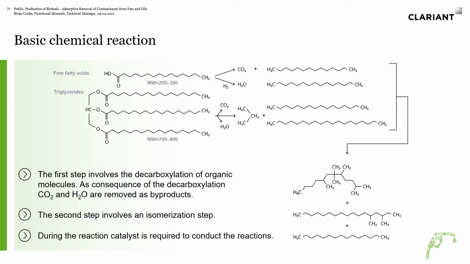During the reaction, the catalyst is required to conduct these reactions, and as we've talked about before, the life of that catalyst is important because it's a very expensive catalyst.